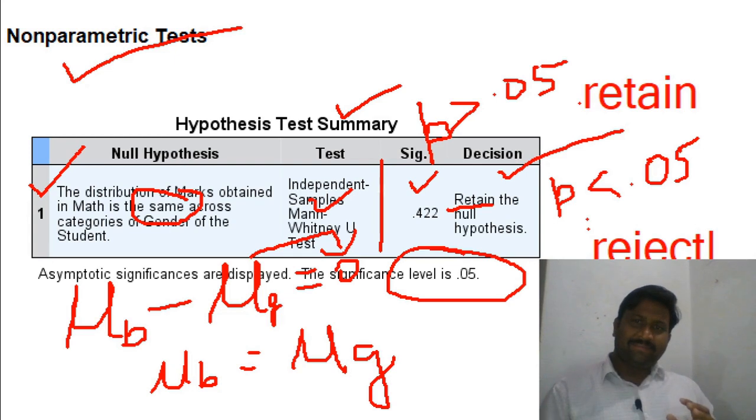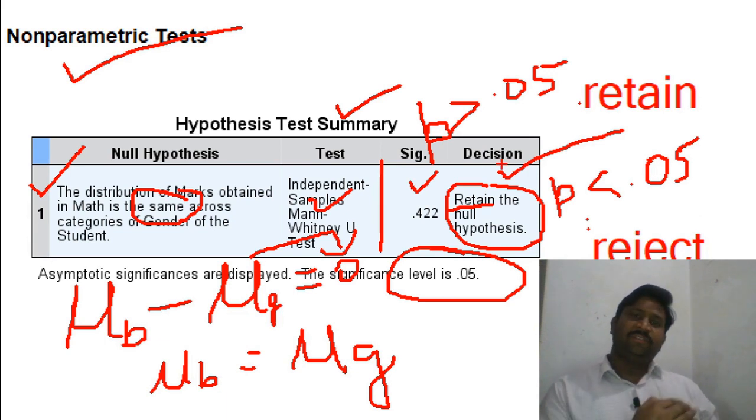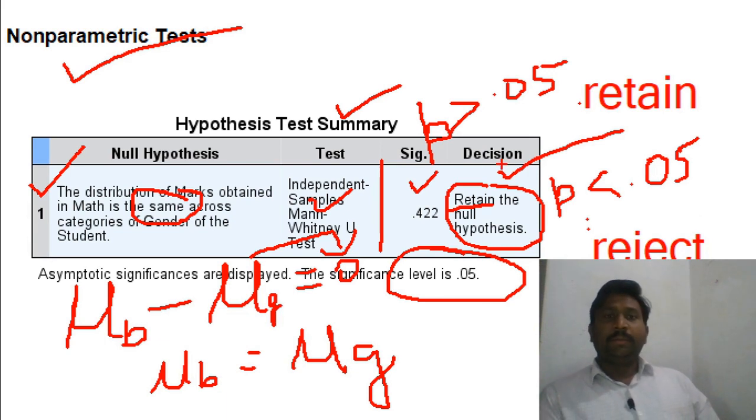So whatever the case will be, it will be clearly written here. So in this way, we can analyze Mann-Whitney U-test. For Mann-Whitney U-test, we do not require any normality distribution. It can be applied on ordinal data also.